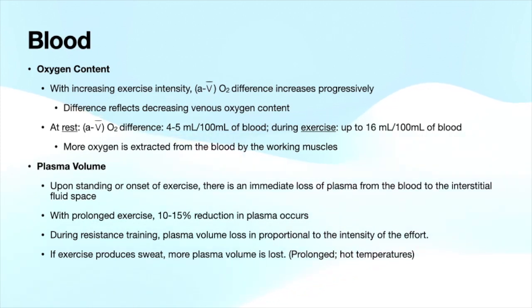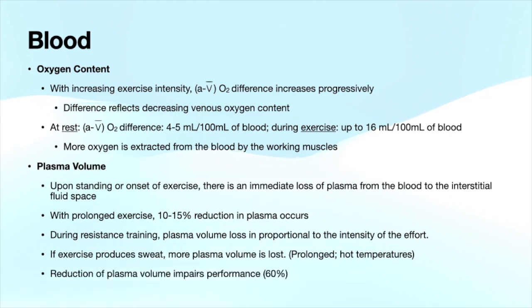When does a decrease in plasma volume impair performance? When it's more than 60%. Why? A decrease in plasma volume of more than 60% will impair performance because it increases blood viscosity.